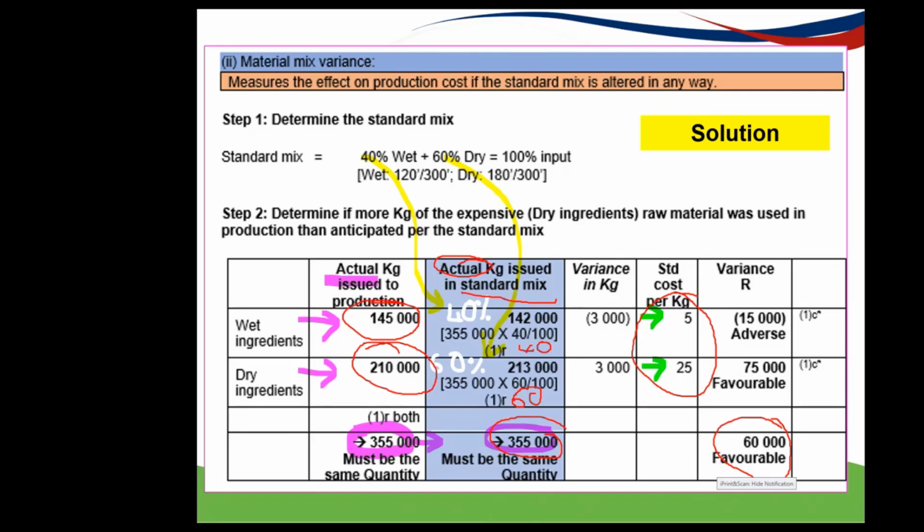Yes. But then I read somewhere, and I was confused by what is written there under step 2: determine if more kilograms of the expensive raw material were used in production.